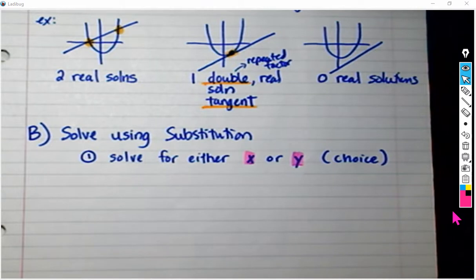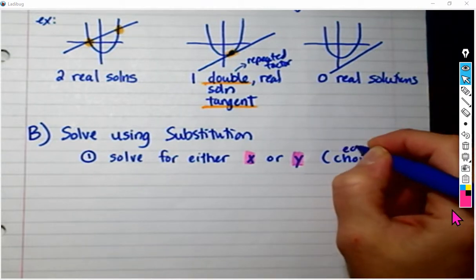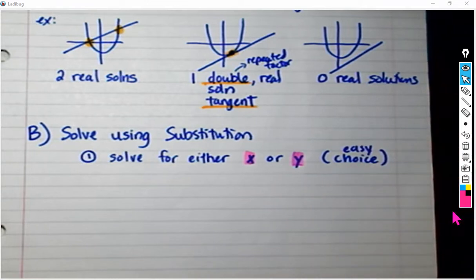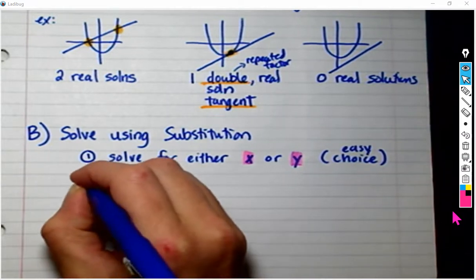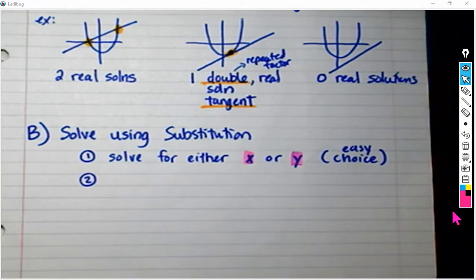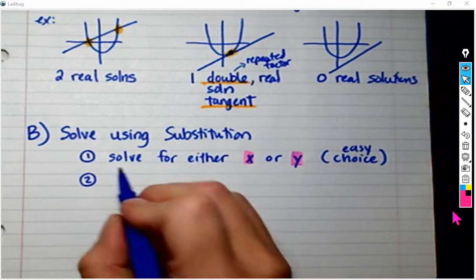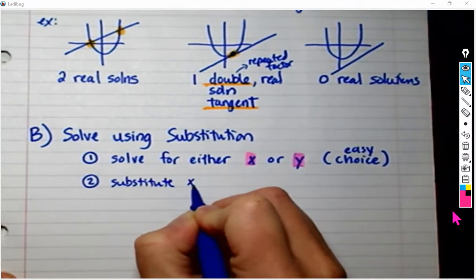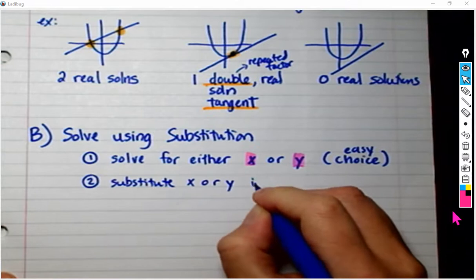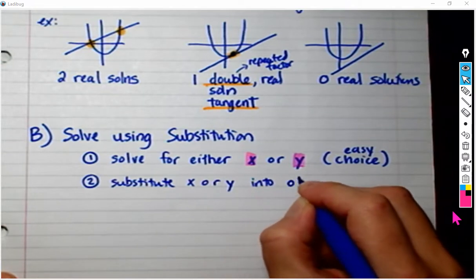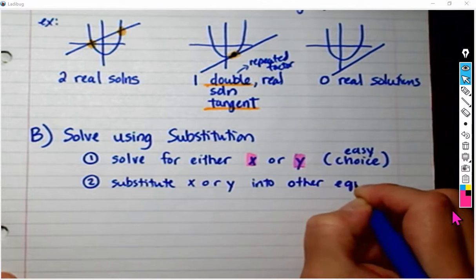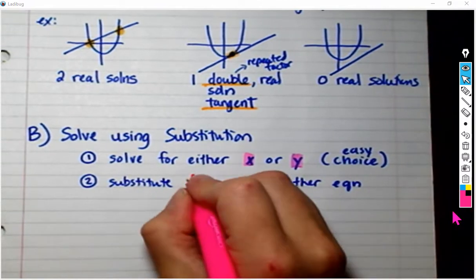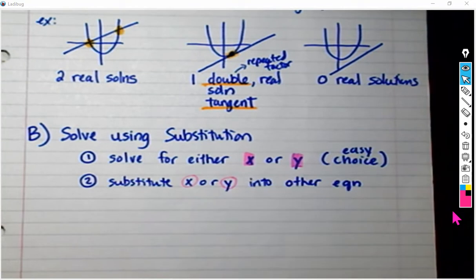Okay, so I have to pick either x or y to solve for. And I don't know, make it the easiest choice you can. Substitute x or y into the other equation. Okay, so I'm going to put a circle here because it's the other equation.